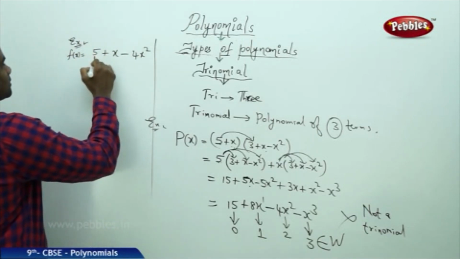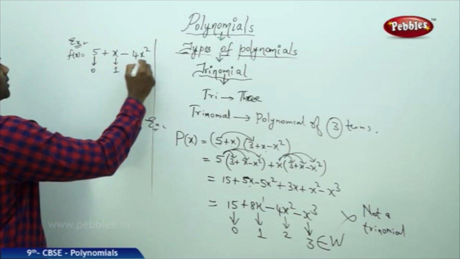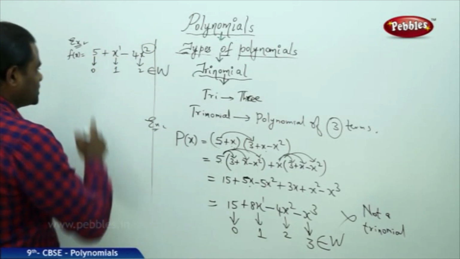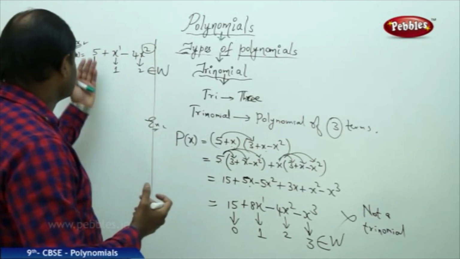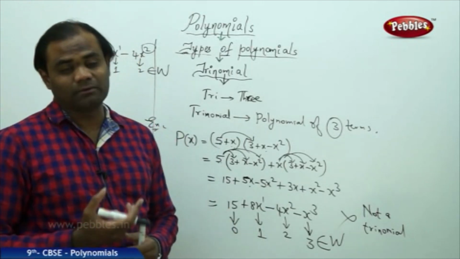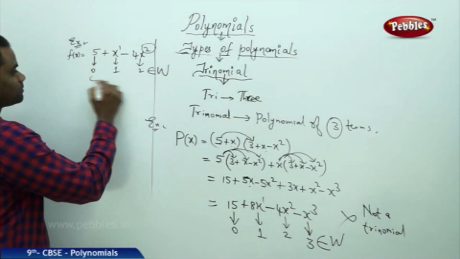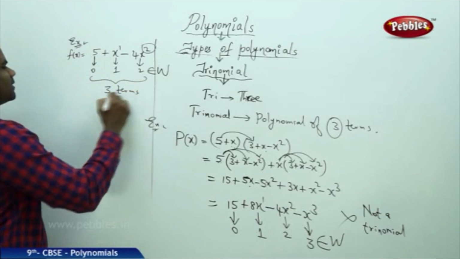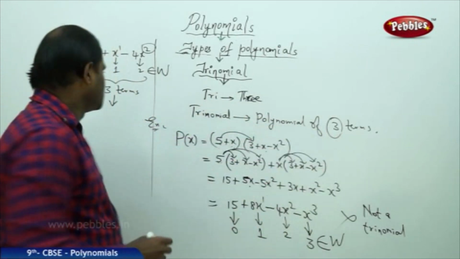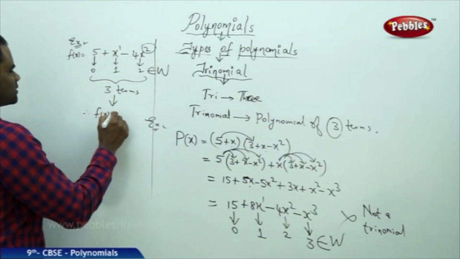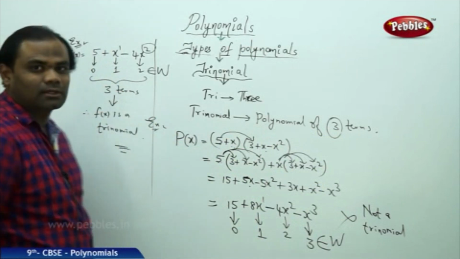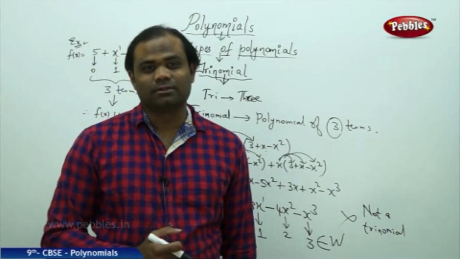Yes, in this case, the power is 0, the power is 1, the power is 2, and therefore all 3 belong to W. Because it has 3 terms, the first term being 5, the second term x, and the third term minus 4 times x raised to power 2, and since it has 3 terms, it's a trinomial, a polynomial of 3 terms. Therefore f of x is a trinomial, is how we conclude.